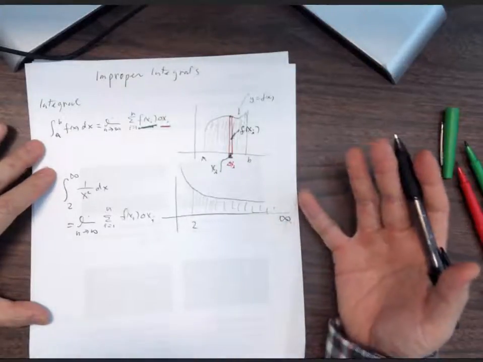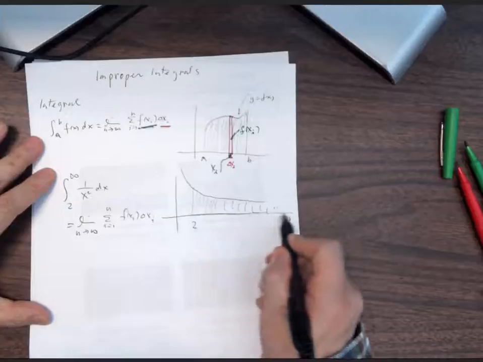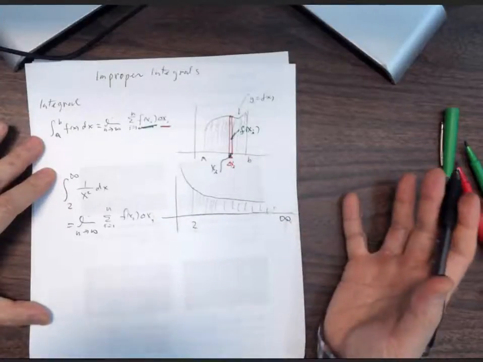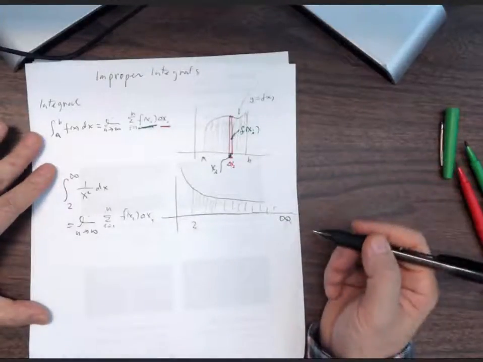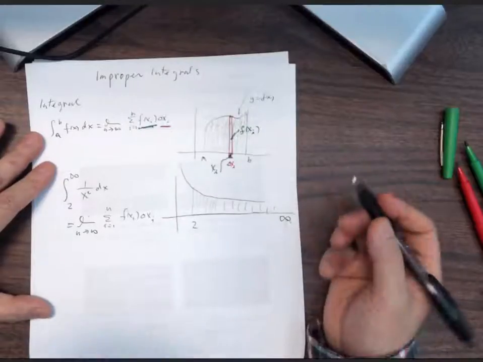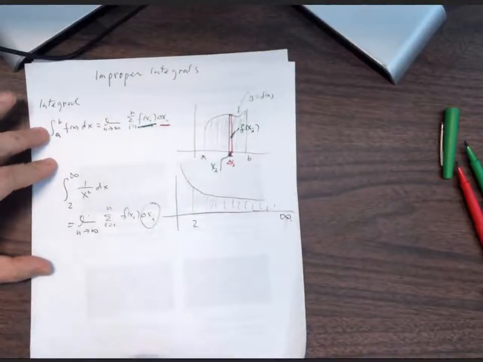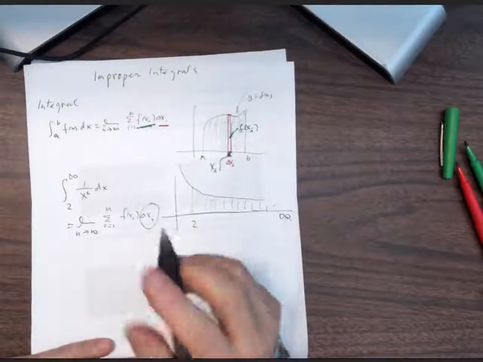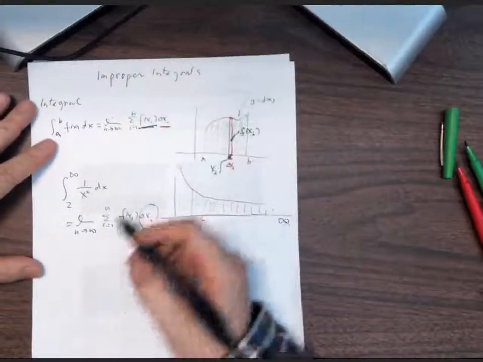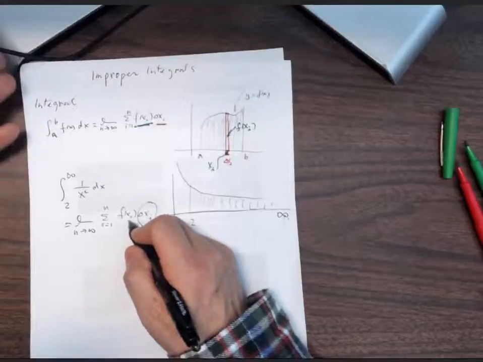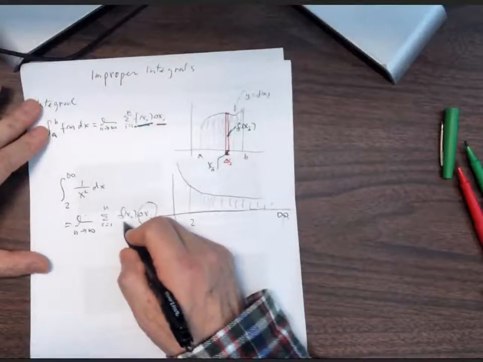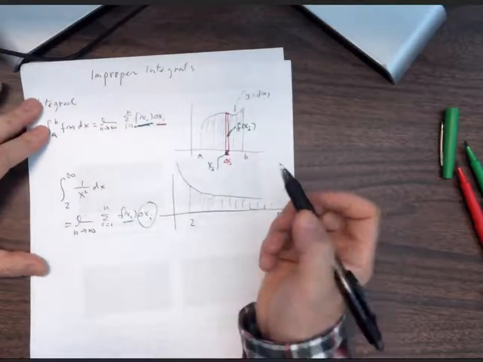So if we divide this interval into n parts, one part at least would have infinite length, meaning one of those guys is going to be infinity. What does it mean? Some height times infinity.